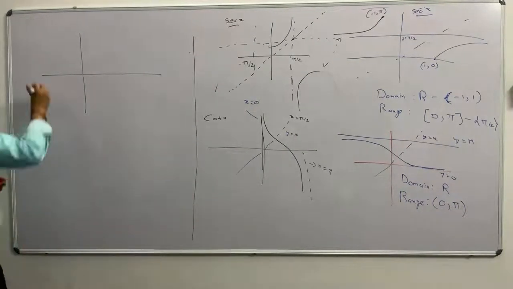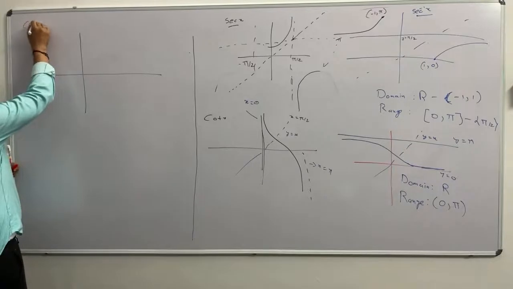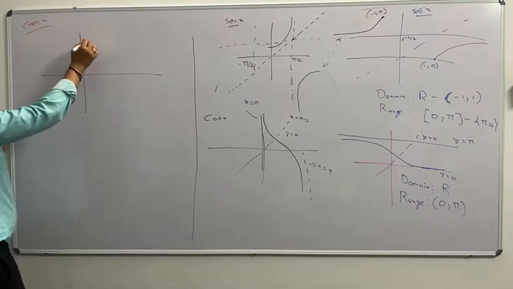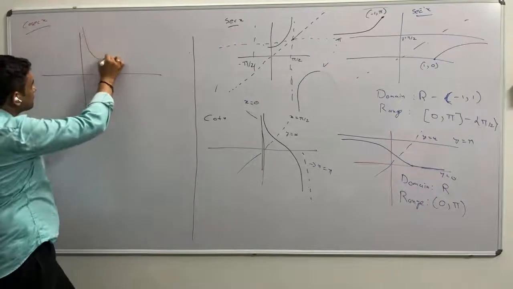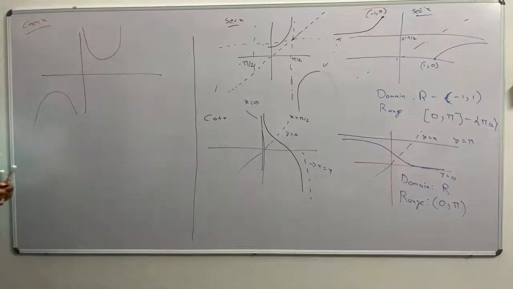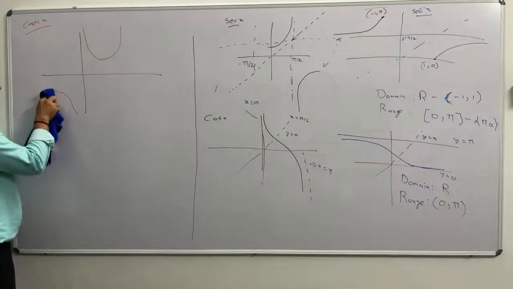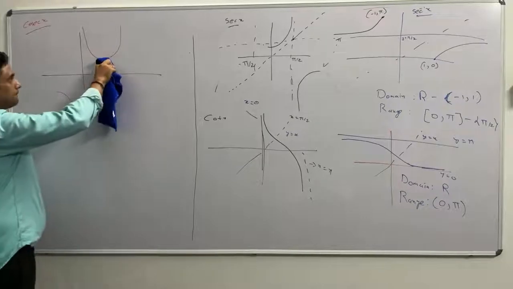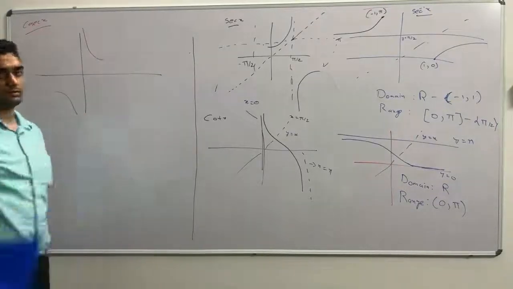Okay, so we'll look at cosecant x. First of all, the graph will be like this. Now we will clip it. We have to cut it down from minus pi by 2 and the same over here.